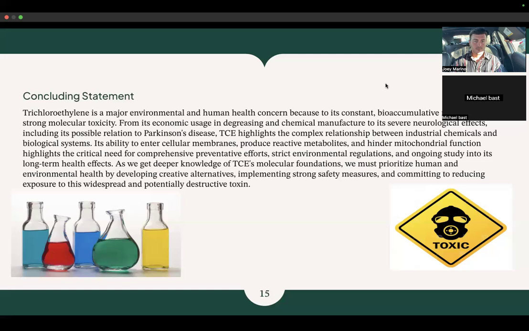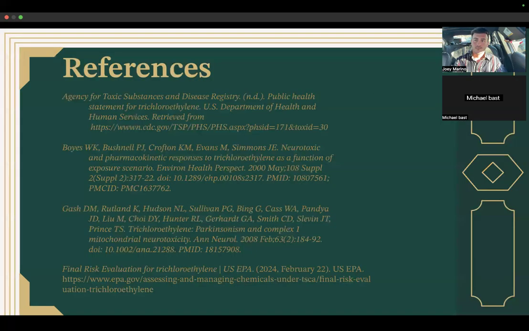As we get deeper into our knowledge of TCE's molecular foundation, we must prioritize human and environmental health in order to better create alternatives and implement stronger safety measures. Lastly, it's important to commit to reducing exposure to this widespread and potentially destructive toxin. And lastly, these are references.